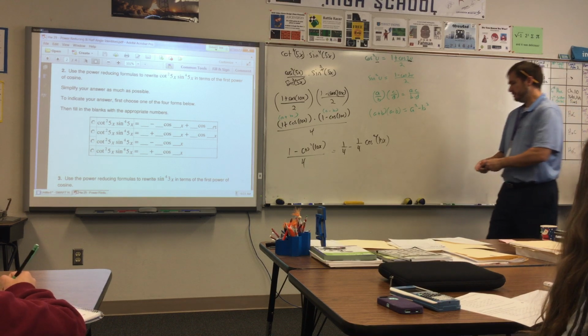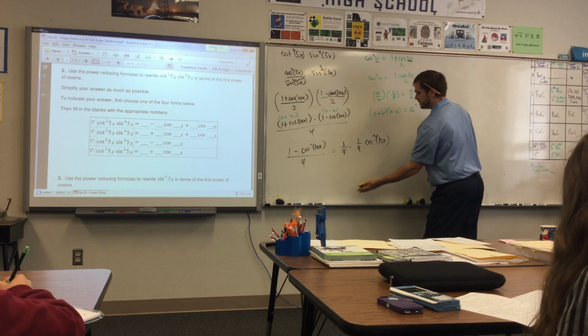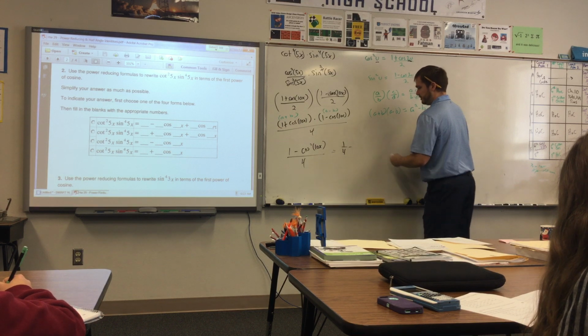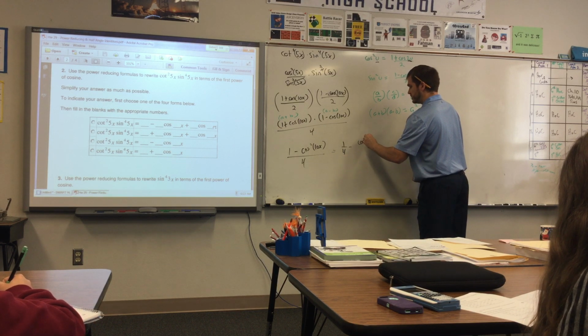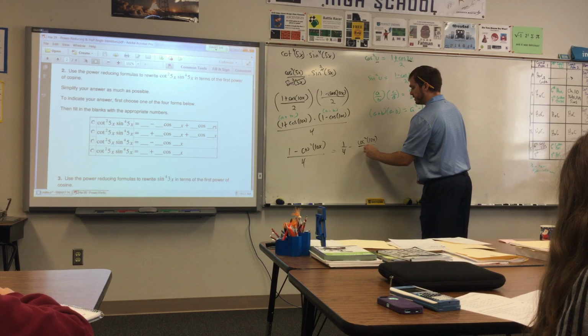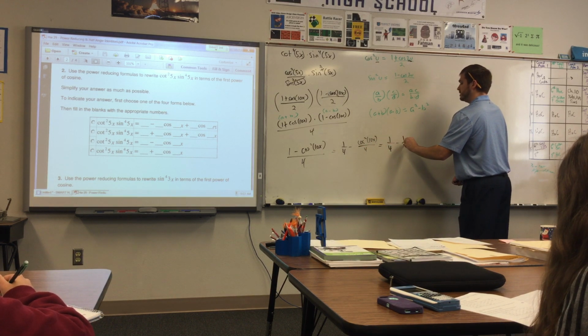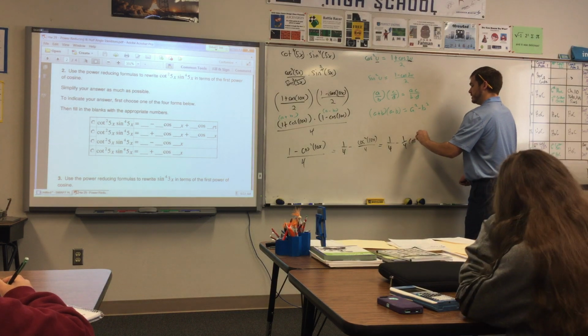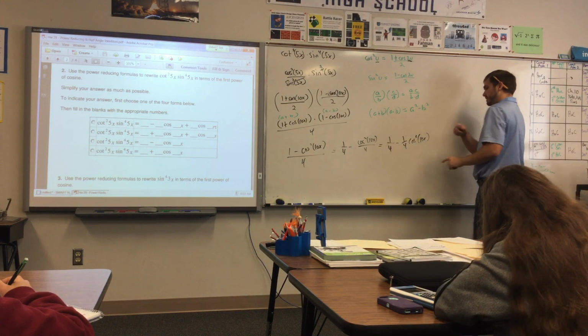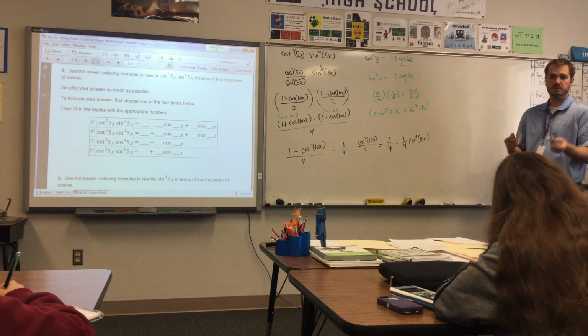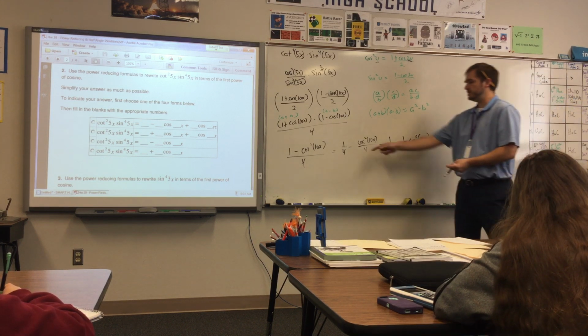Would you like me to write it as cosine squared 10x over 4? Yeah, that makes sense. But we know that is going to equal 1/4 minus 1/4 cosine squared. See, this is why you have to ask the questions. If you don't ask the questions, then I won't know that you don't get that one step. I wrote one step, now you get it.